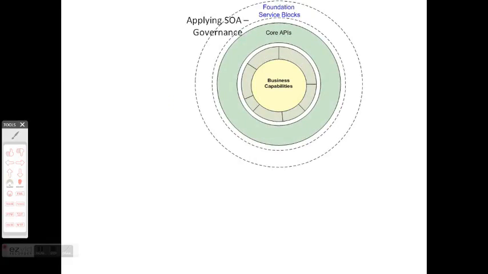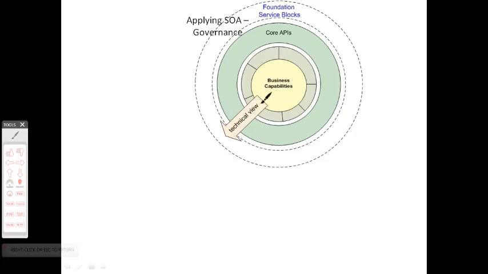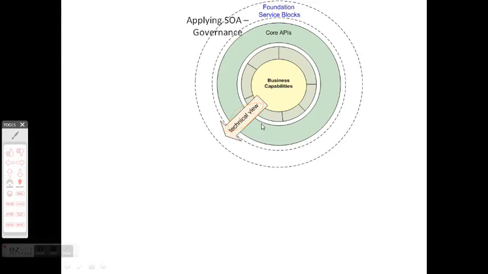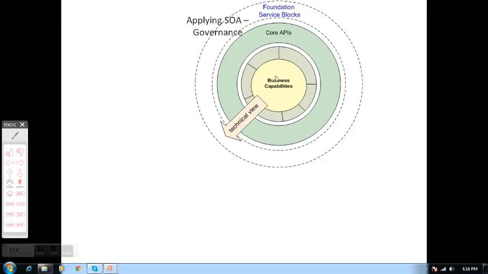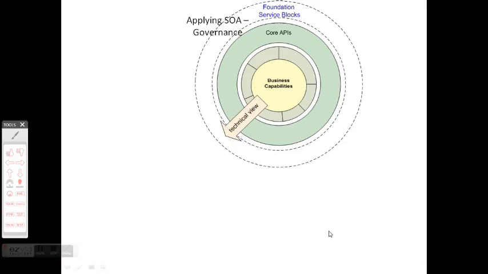If we look at our business capabilities, we can see those capabilities are exposed to the outside world by the technical view. That means we create service interfaces technically and expose our capabilities to the outside world. Then we have another side of this coin, which is the business services view.